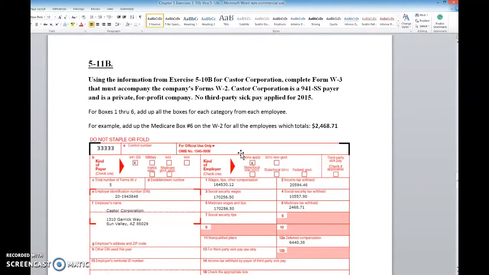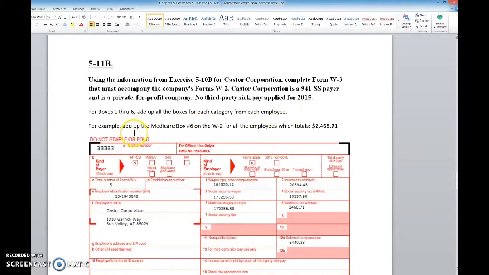On exercise 5-11B, we need to use the information from the exercise above, and we are going to complete form W-3. Castor Corporation is a 9411-SS payer and is a private for-profit company. For boxes 1 through 6, you need to go through and add up all the boxes for each category from each employee.